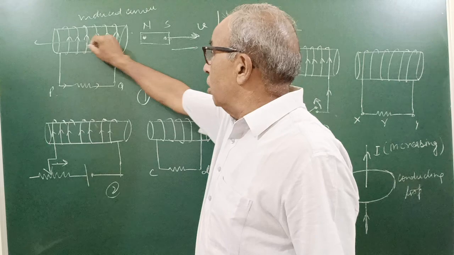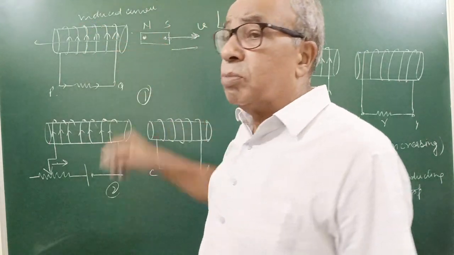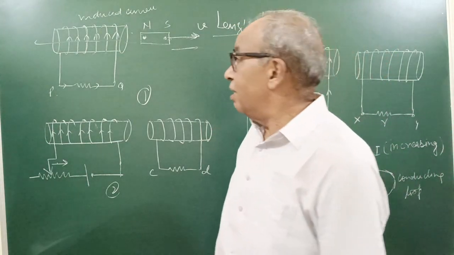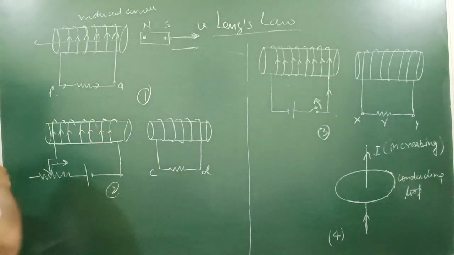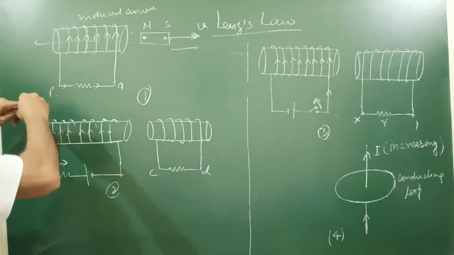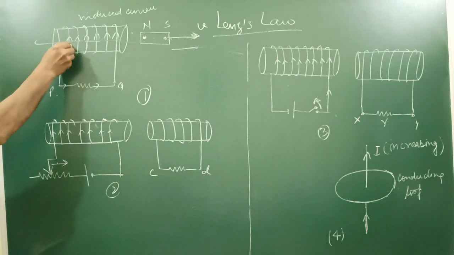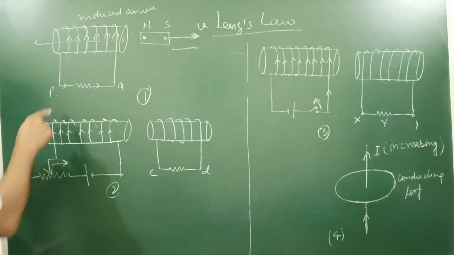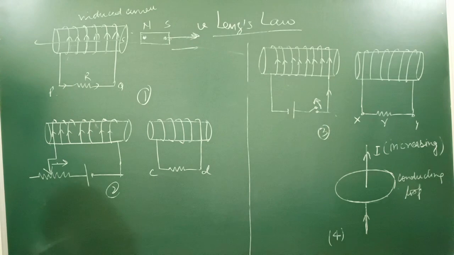Secondly, when the magnet moves away, the magnetic field inside the coil will decrease, because the farther the point from the magnet, the weaker the field. So the induced current will produce field in the same direction, and it is possible only if current flows anti-clockwise. So induced current in the conductor of resistance R will flow from P to Q.